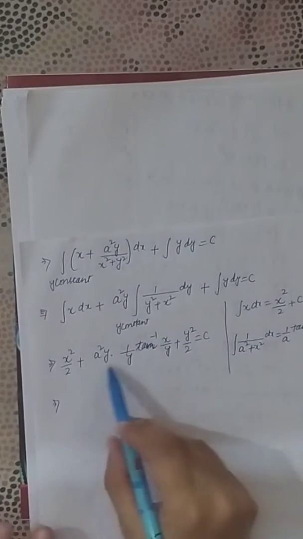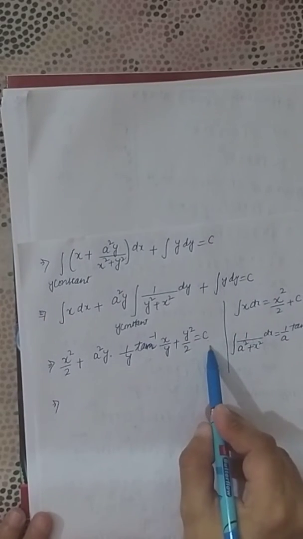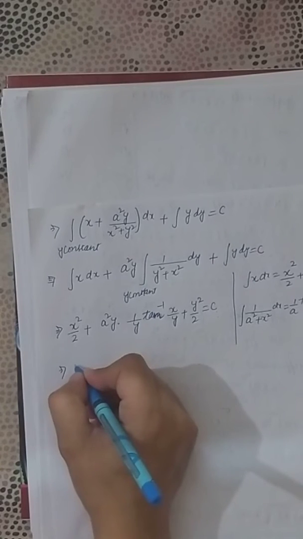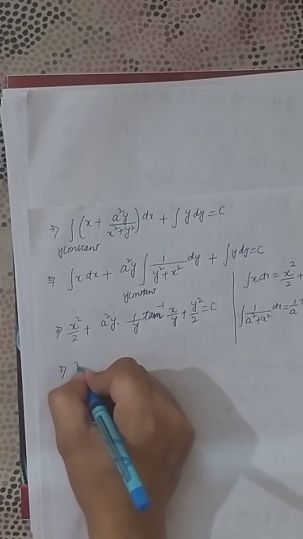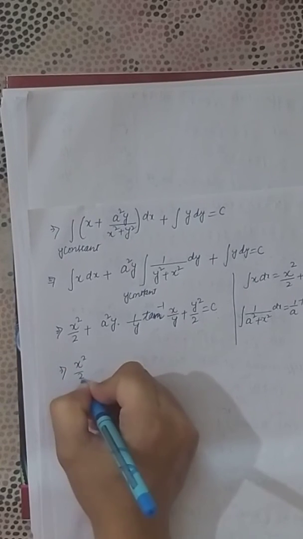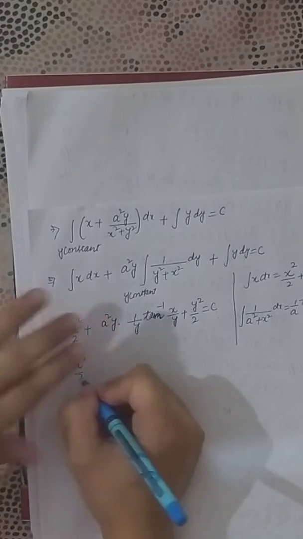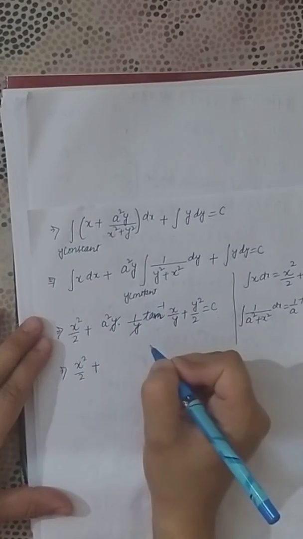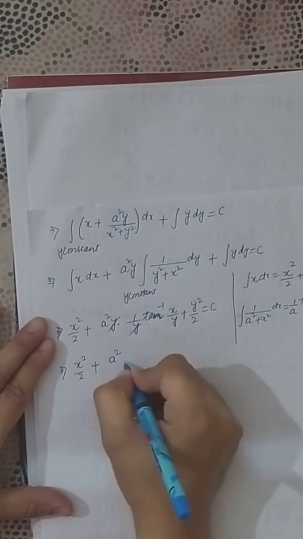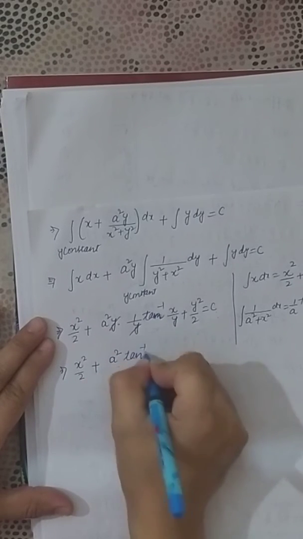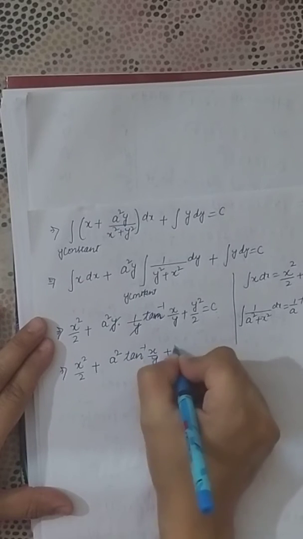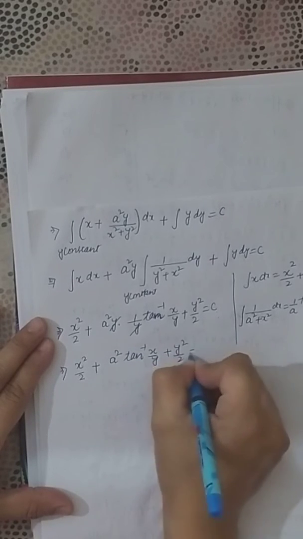Now all of the constants are compensated on the right hand side. Or this implies x square over 2 plus, these y's will be cancelled out, a square tan inverse x over y plus y square over 2 equal to c.